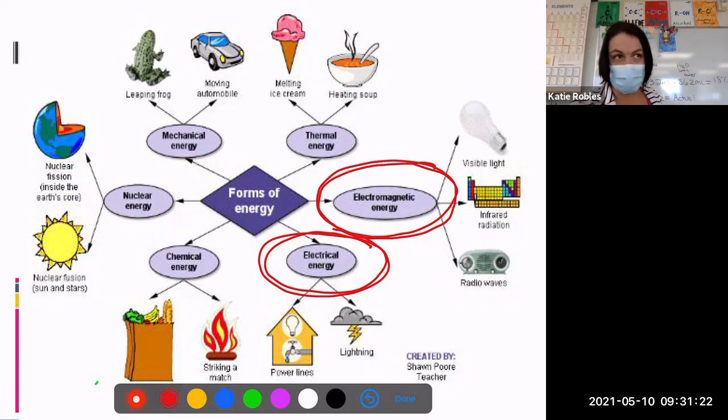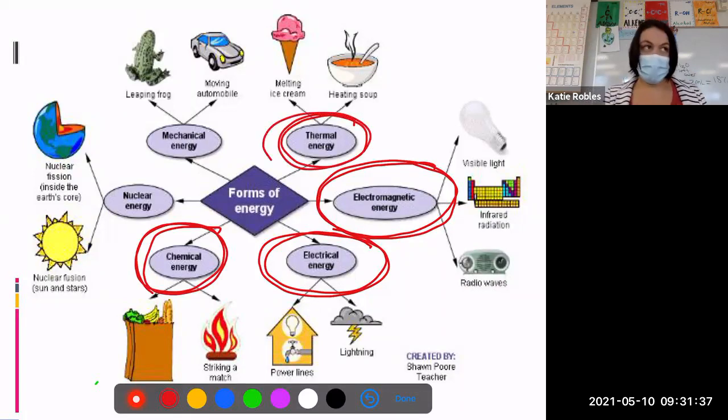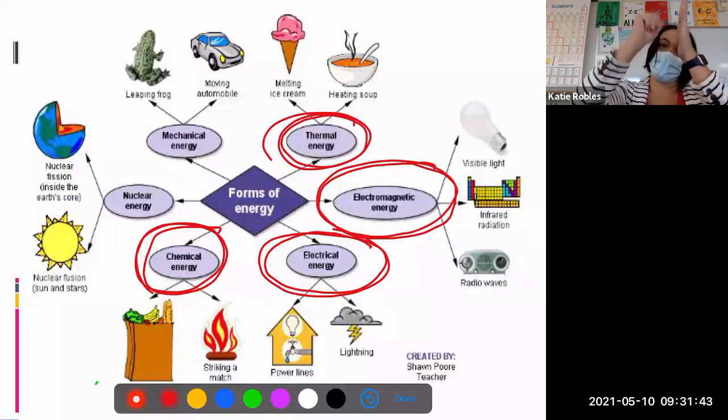Now, the way that coal power plants work is that they burn coal, which is a type of chemical energy. And when they burn it, they produce thermal energy. And that thermal energy turns a turbine, because sometimes when things get heated up, you can get movement of the particles that can turn a turbine.